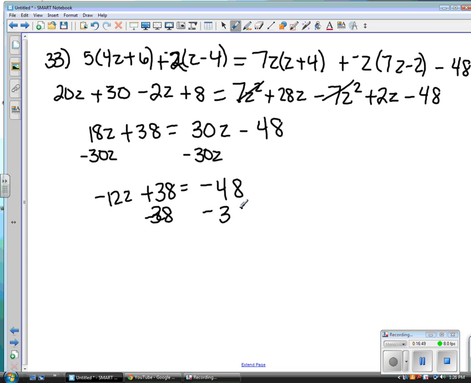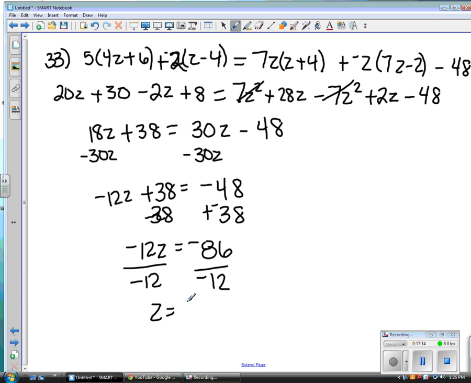Okay. 12z equals, now this looks like, if I change this, that looks like plus and negative. So what is negative 48 plus negative 38? Negative 86. Now what? Divide by negative 12.